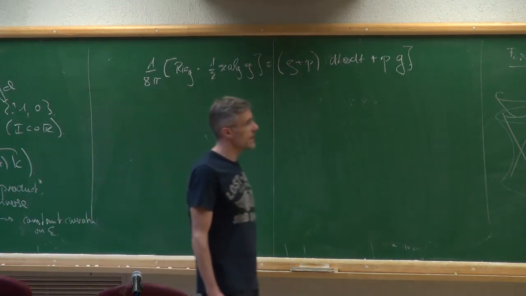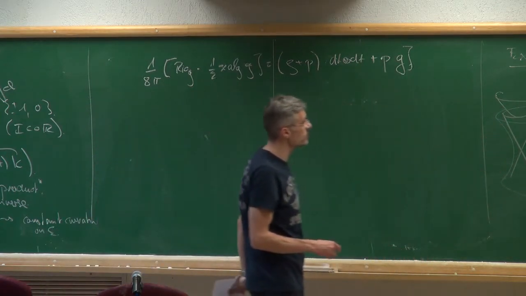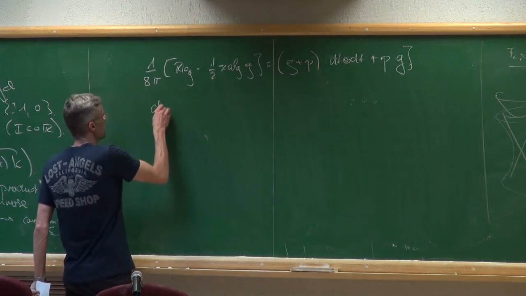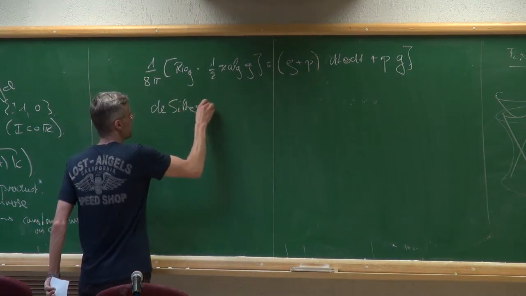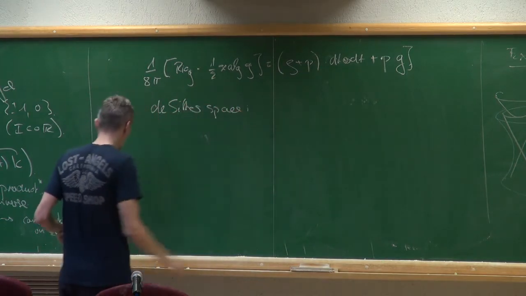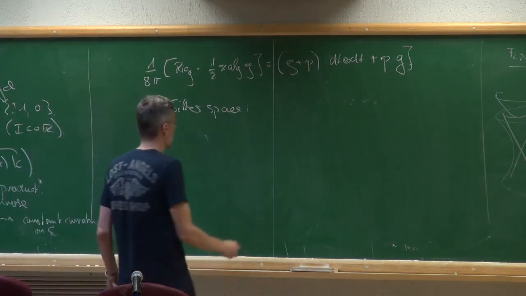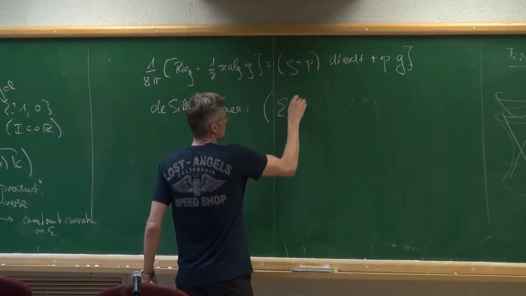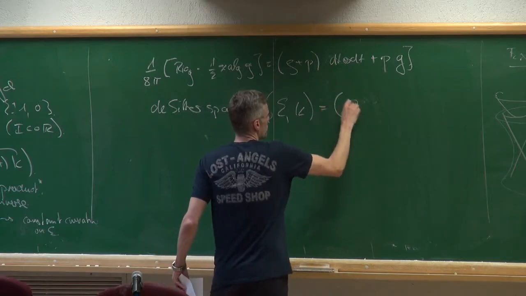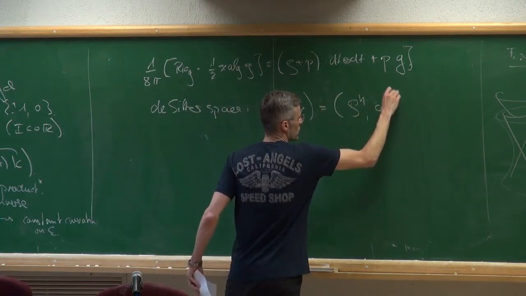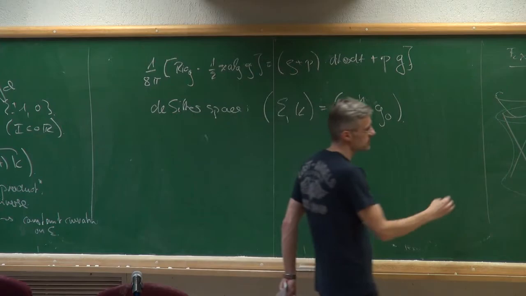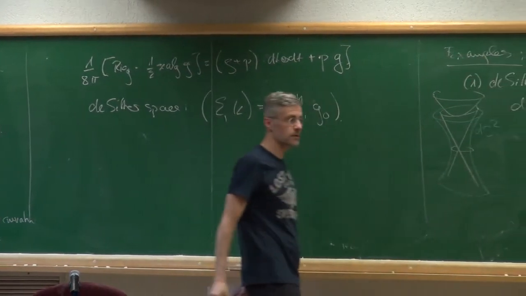Okay. To connect this back to the first examples, you can write the de Sitter space as such a warped product, where in this case sigma k is nothing but the sphere with the canonical round metric, so just basically this waist here.